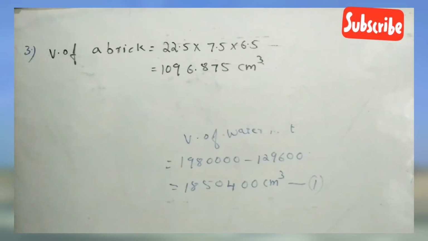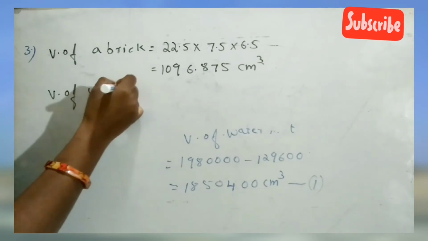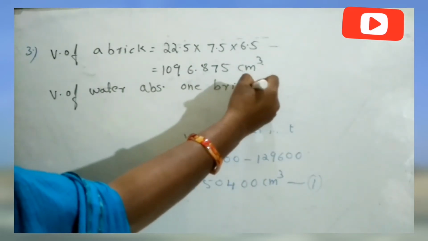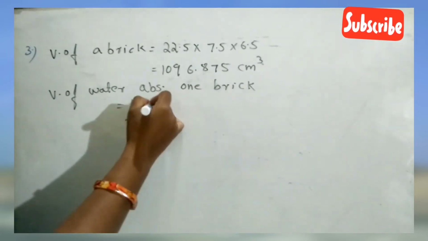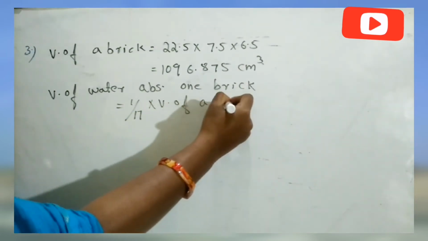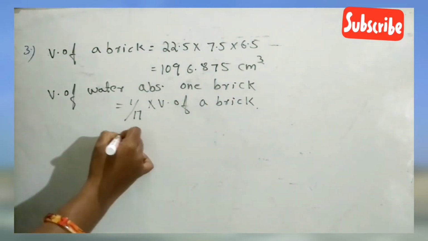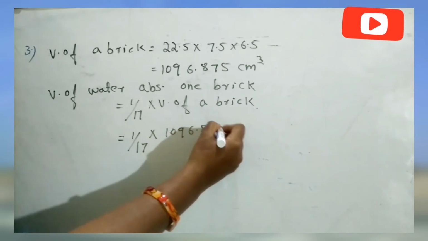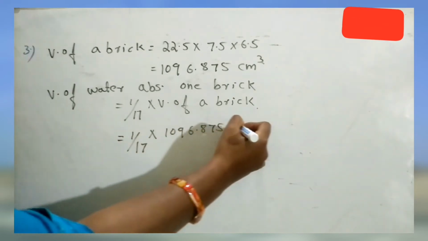And in our question, it is given that the volume of water absorbed by one brick is equal to 1/17 into volume of a brick, and this is equal to 1/17 into 1096.875 centimeter cube.